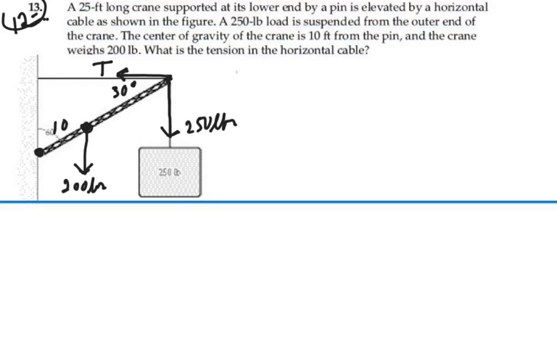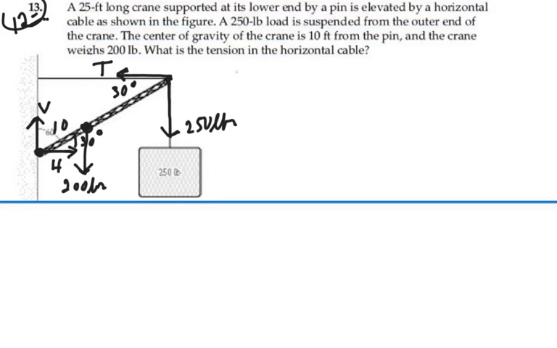We don't know what that is, but we'll assign it vertical and horizontal components. Horizontal component coming off, 30-degree angle for the crane. Okay, so this is a good free body diagram showing all the forces, and they're all in the X and Y direction, so that's kind of nice.